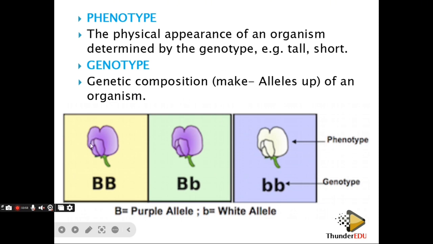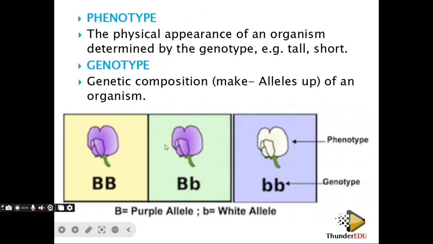So this means the genotype determines the phenotype, because the genotype talks about the genes, the DNA. Now, as you remember, the DNA is the code of life. The genes that are found in the DNA will be coding for all the particular proteins or features of that organism.